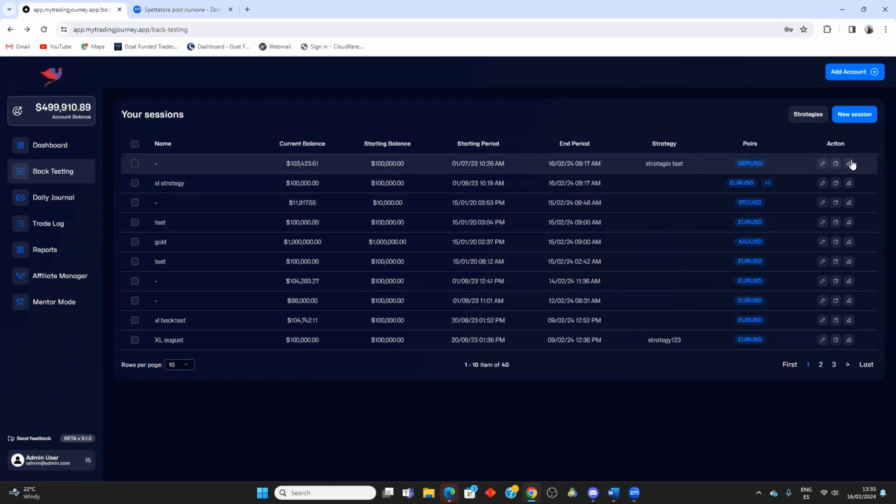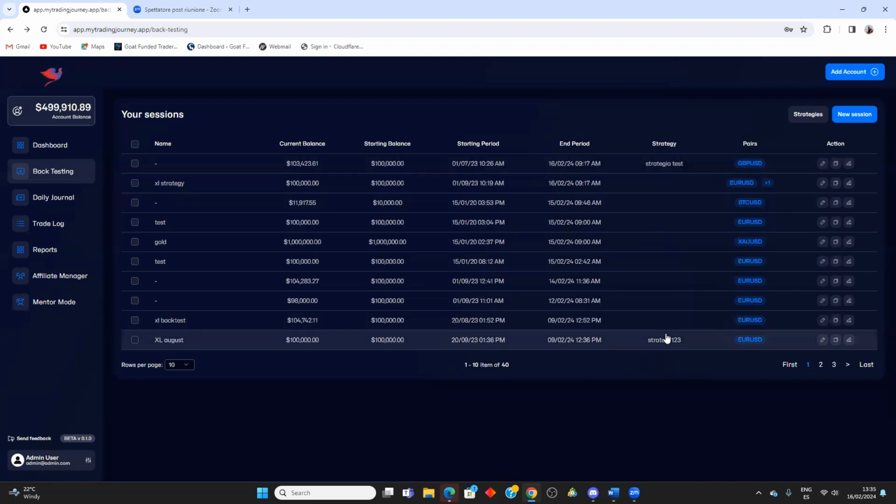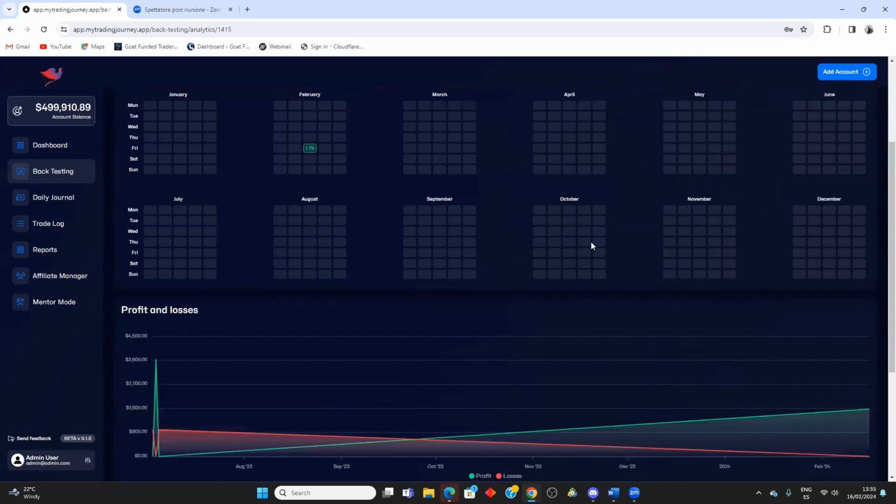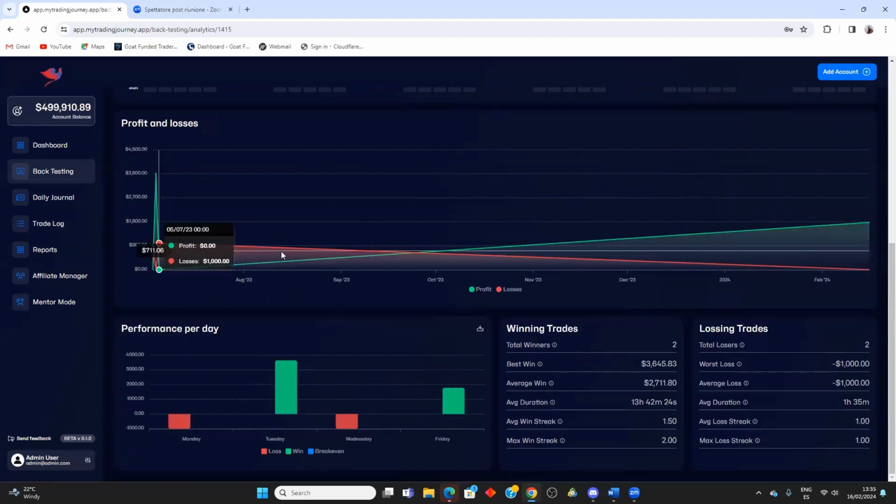So we're just going to go to the statistics of this backtest session. And we can see that average risk-reward ratio was 4.1, maximum 5.57, account balance, total profit and loss, 50% win rate, 4 trades, 2 wins, 2 losses.